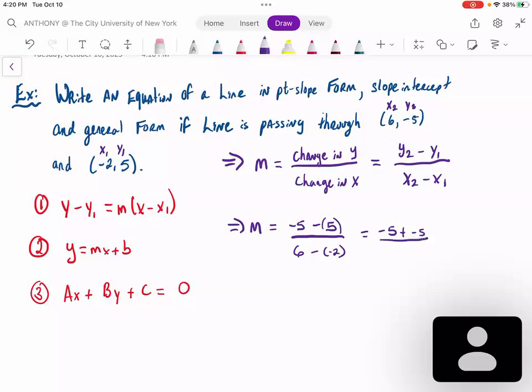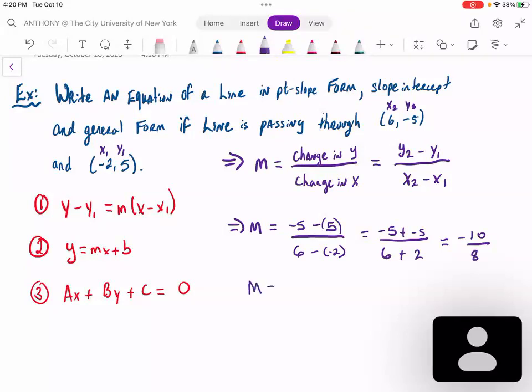In the denominator, you'll have 6, the negative becomes a positive, -2 becomes a +2. All right, let's work this out. In the numerator, -5 plus -5 is equal to what? -10. And in your denominator, what's 6 plus 2? 8. Now, that's your slope.